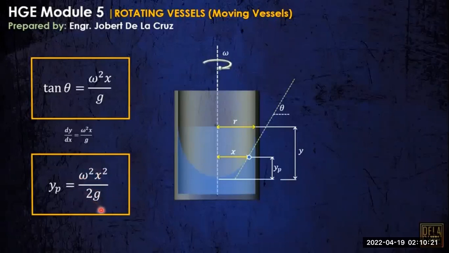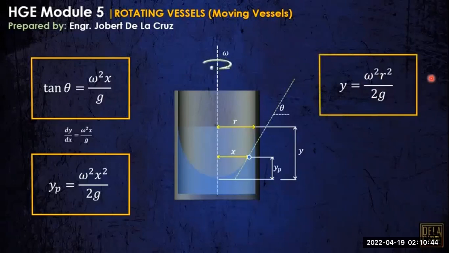Okay? Now, after all, we are always looking to the maximum height of the parabola. That's why the maximum height y here, since that is with respect to distance x, so we should take account the radius here, omega squared r squared over 2g yan. Okay?